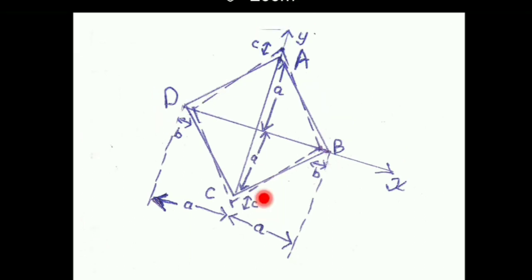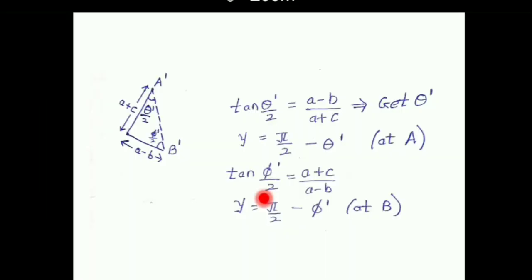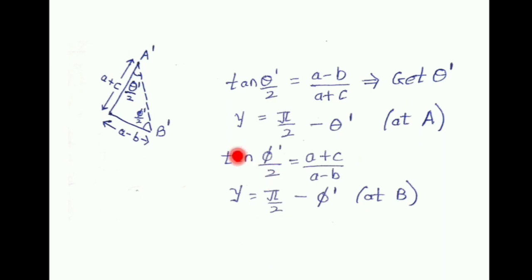Next, the same thing I have shown you here in the form of a diagram. A dash, B dash and O. So this is theta dash by 2. Finally we need to know the angle only, because for shear strain we need to know the angle only, and this is phi dash by 2. This is A plus C and this is A minus B. Now tan theta dash by 2.